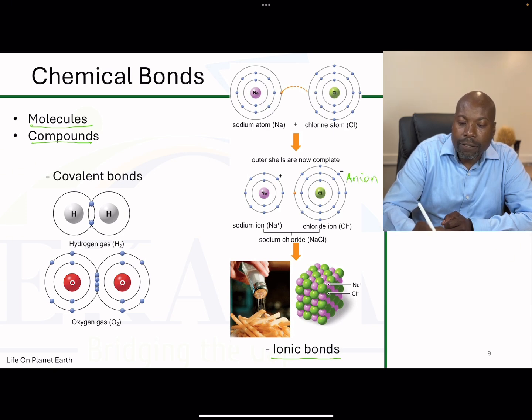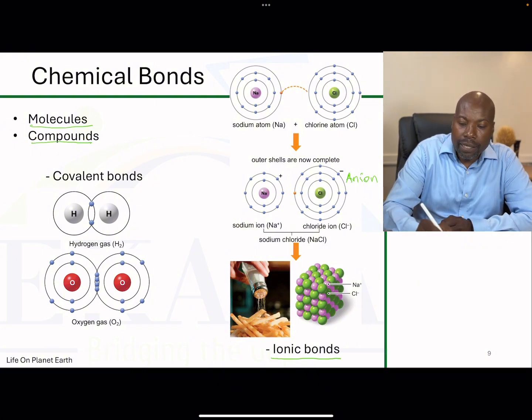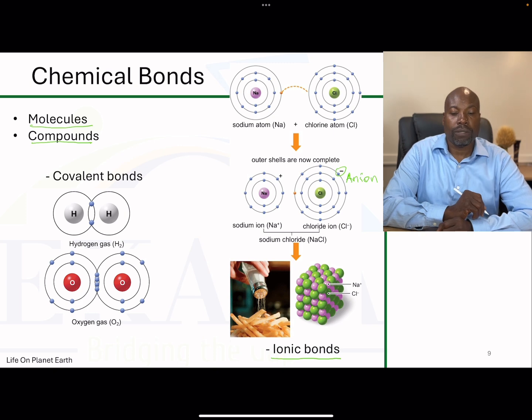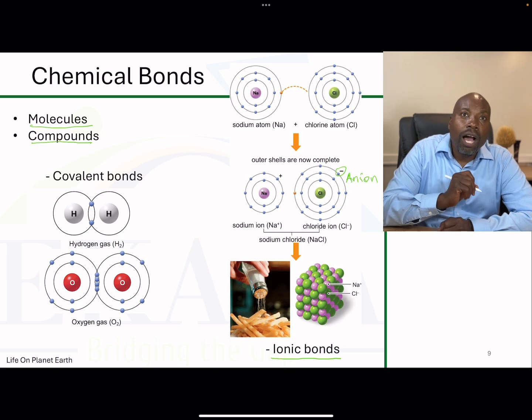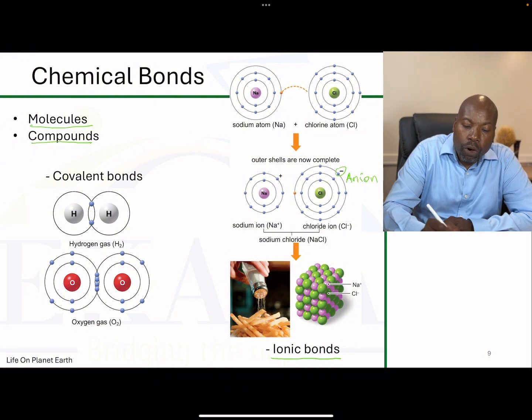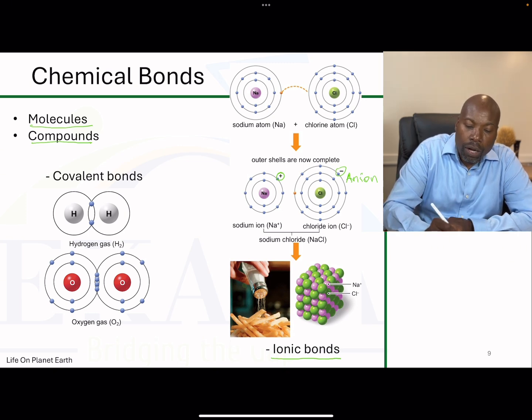Because it is negatively charged, right? By the same token, an atom that has lost an electron is now going to be overall charged positively. This is not an atom anymore, it's an ion. That ion, it's called cation.